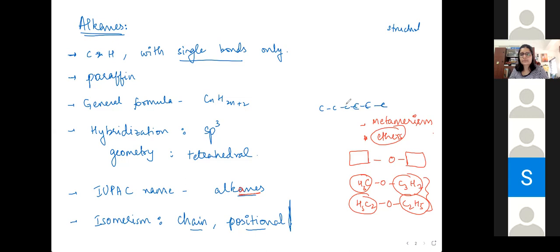Do you think metamerism is possible? Metamerism happens when, on either side of a functional group, the number of carbon atoms is the only difference. Oh, so we are not counting the functional group in this. No. If there's a difference in functional group, then that becomes functional group isomerism. Here the functional group is also the same. It's the only difference in these two compounds.